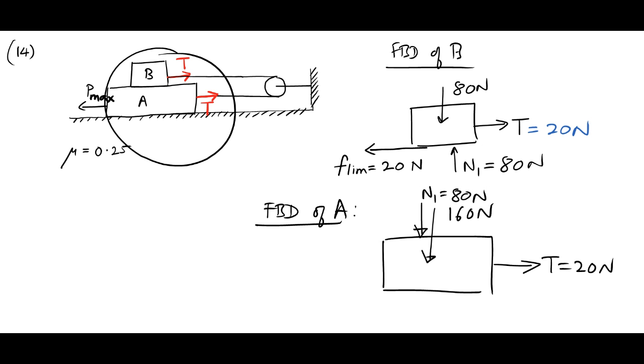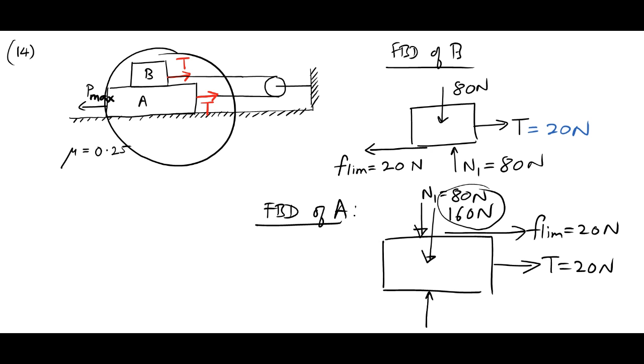So that's N1. The other force acting is limiting friction exerted by B on A, and that must be the same as this but in the opposite direction. So it's this over here, F limiting, equal to 20 newtons. Now the normal reaction from the ground must balance the sum of these two forces, 80 newtons and the weight 160 newtons.